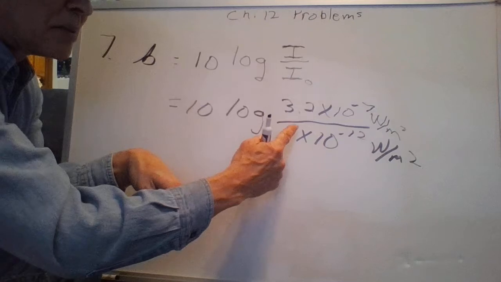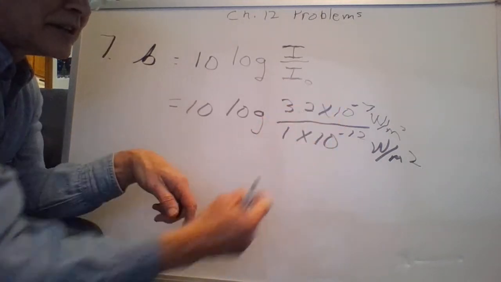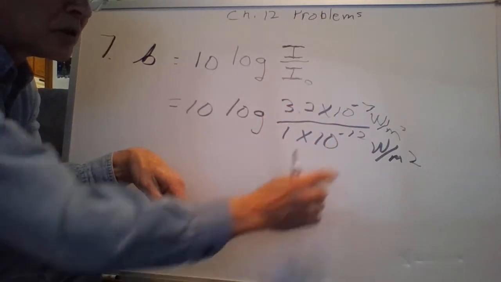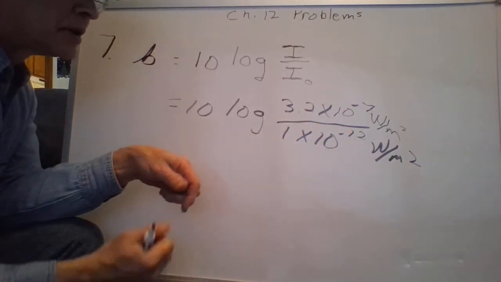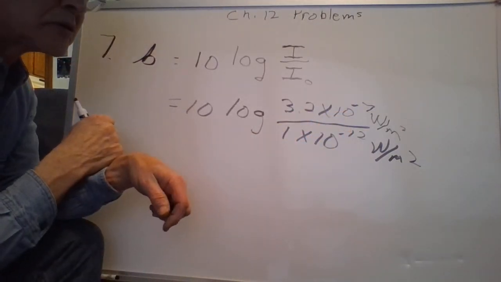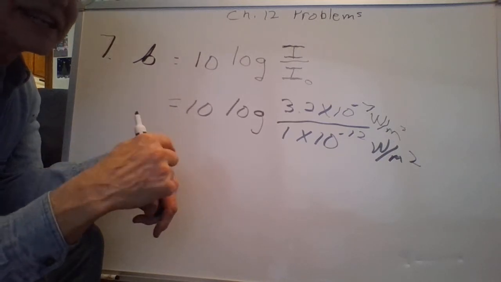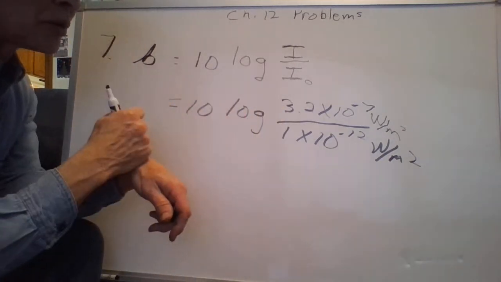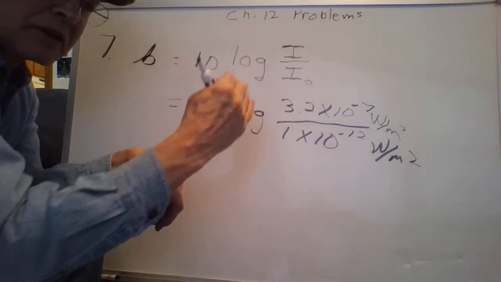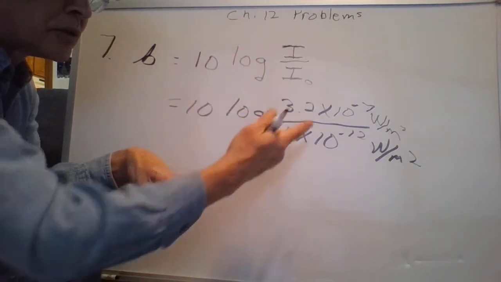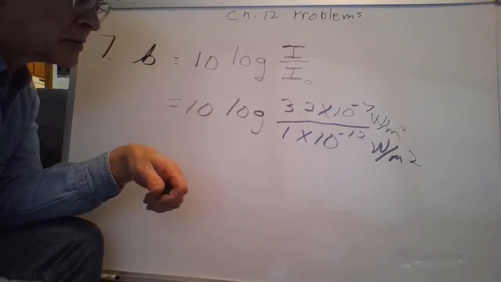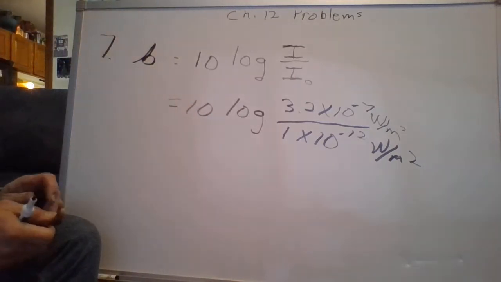So we know it's going to be more than 50 decibels. We know it's going to be more than 10 to the 5th louder. It's a 3.2. Well, if you knew what exponent, 10 to some power, would equal 3.2, you could do it. But I'd say, let's use a calculator.